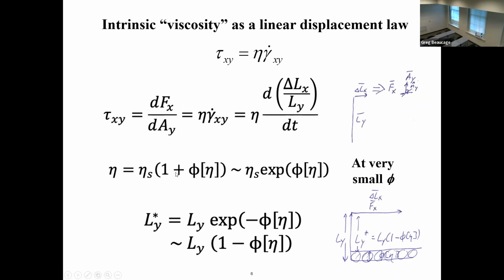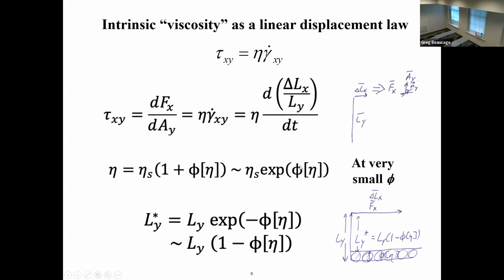So you take this thing, and if this is a low concentration, which you need for the intrinsic viscosity, then you can swap this for an exponential. This exponential expansion would be the argument, plus the argument squared over 2 factorial, cubed over 3 factorial.